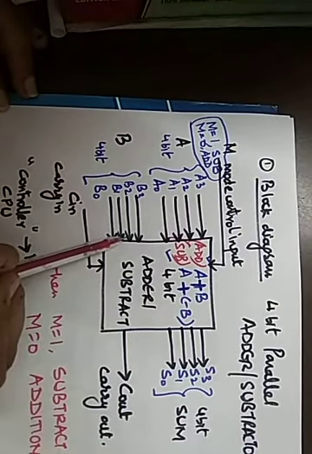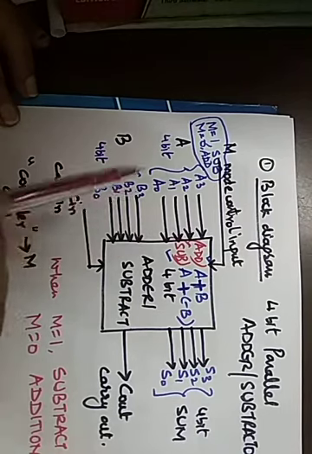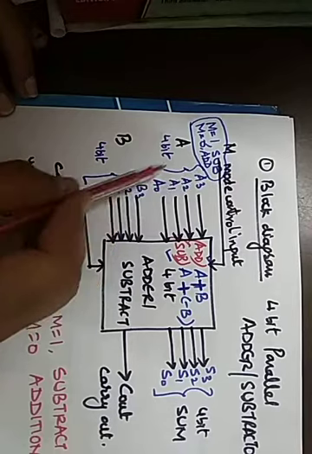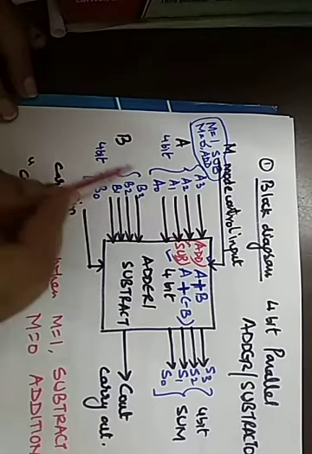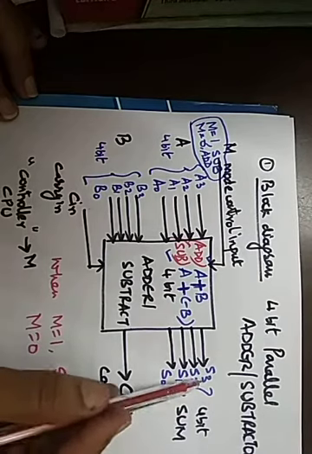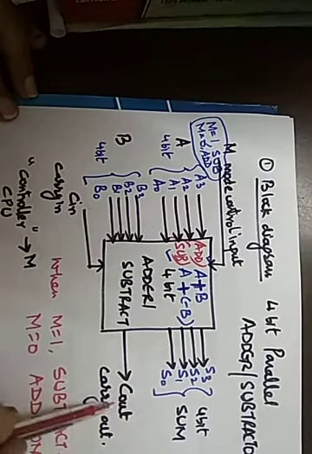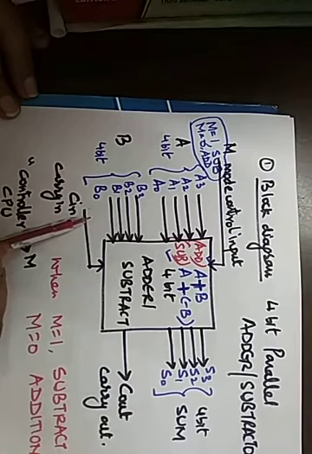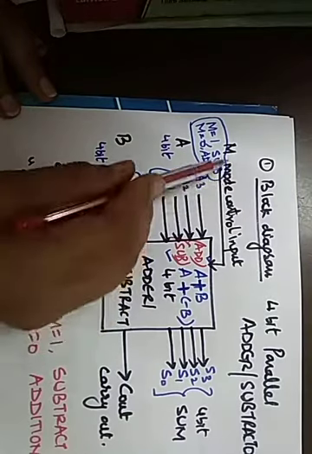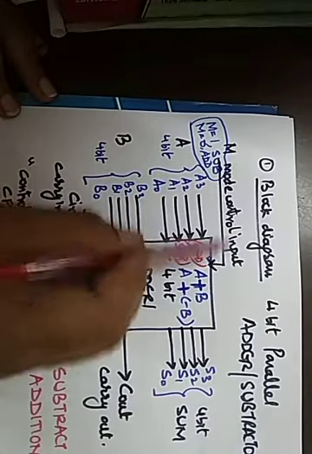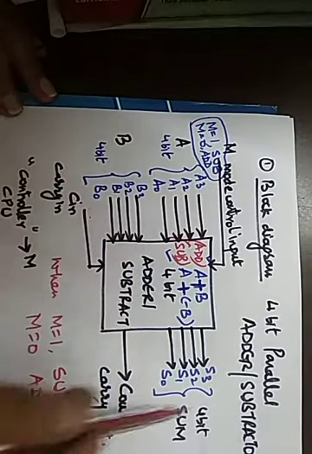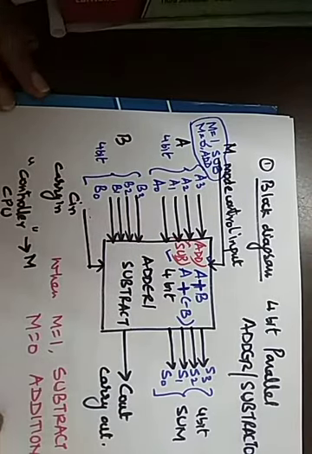It is a block which is similar to the parallel adder, adding two numbers, 4-bit number A and 4-bit number B, giving you the 4-bit sum S3, S2, S1, S0, the carry out and the carry in. The only change was an additional input called the mode control input, labeled as M. This is the external block diagram.